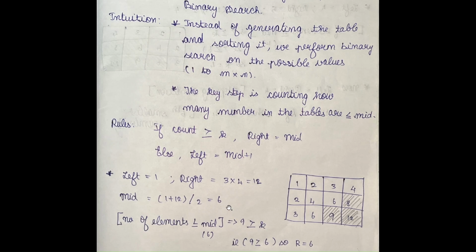Now the elements less than or equal to 6 in this table are 1, 2, 3, 4, 2, 4, 6, 3 and 6, and the count is equal to 9. The count is greater than or equal to k, so according to the rule, since the count 9 is greater than 6, we will update the right value to mid, which is 6.